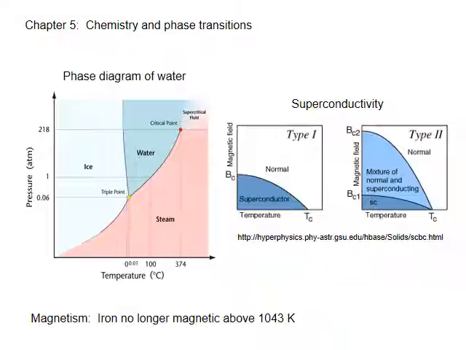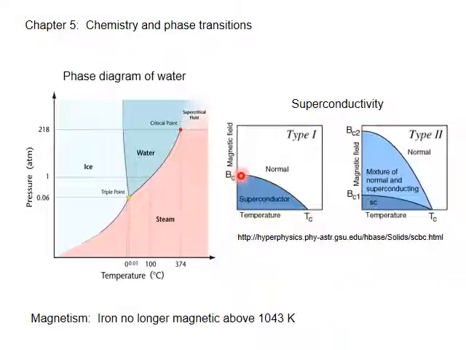the water phase diagram. Another example of great interest to physicists is superconductivity. So this is a phase of matter in which there is zero electrical resistance. So this happens at low temperatures for lead below about 5 degrees Kelvin.